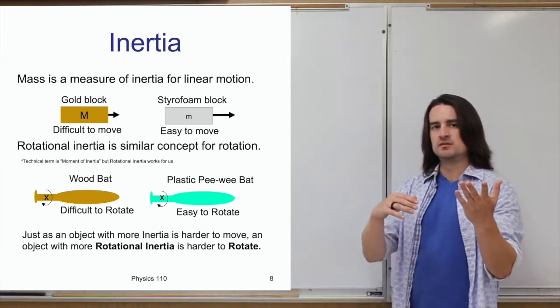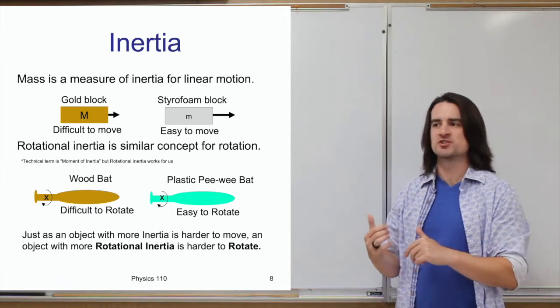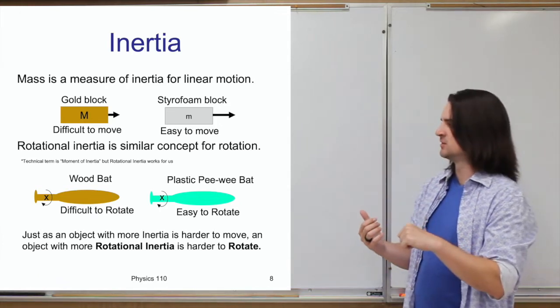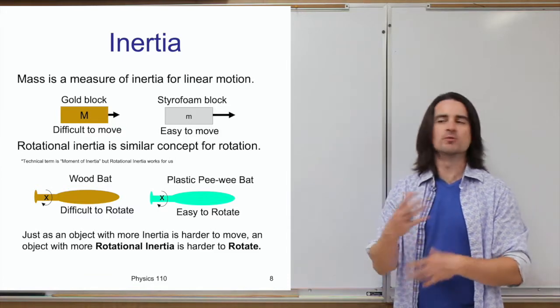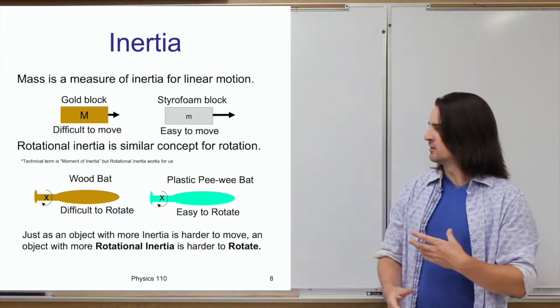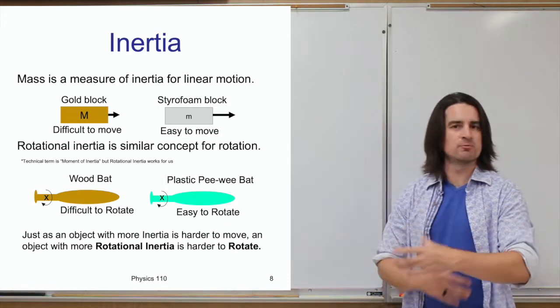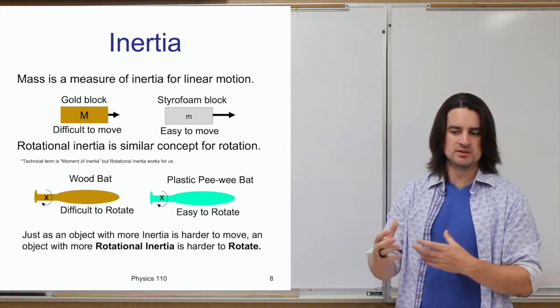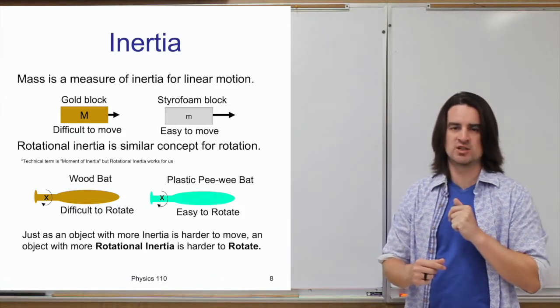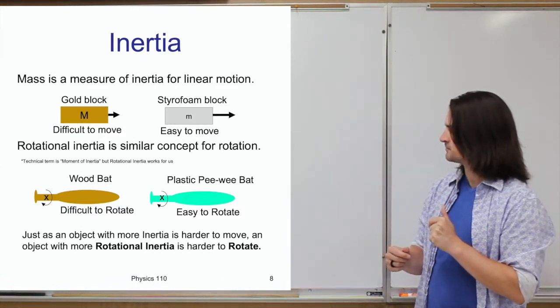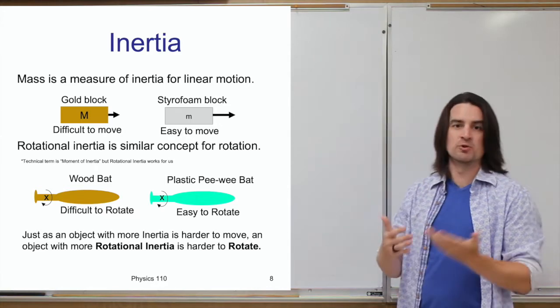So then in rotational motion, there's essentially the analogous property for objects when they're rotating, or when they're going to rotate, that they resist that rotation. They don't want to get rotating, and they don't want to stop rotating once they're rotating. And essentially we can just call this rotational inertia.